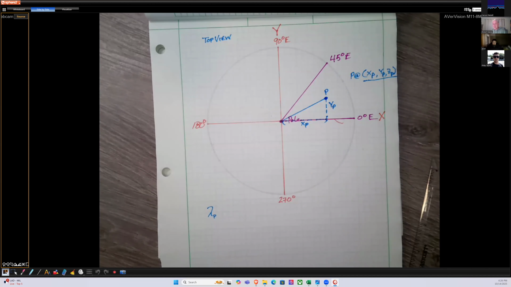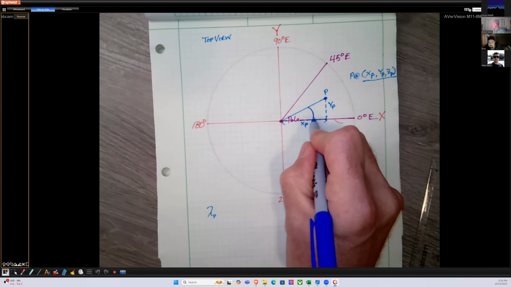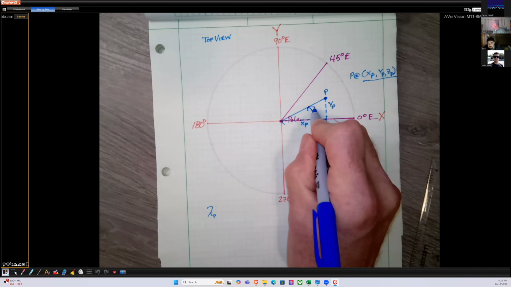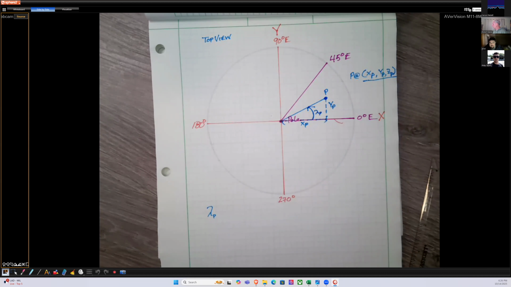And what was the formula that we learned for getting the longitude? What we're trying to get is this angle here, that's our longitude of P. We can just take the inverse tangent of the coordinates then.